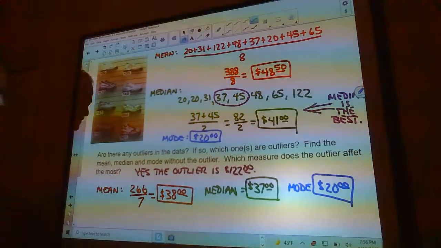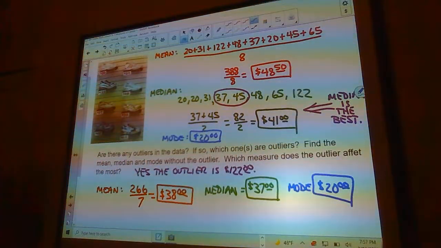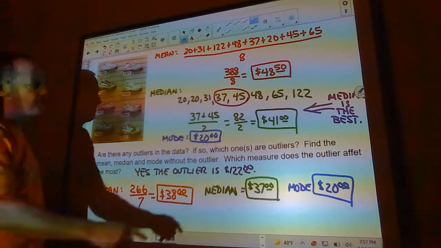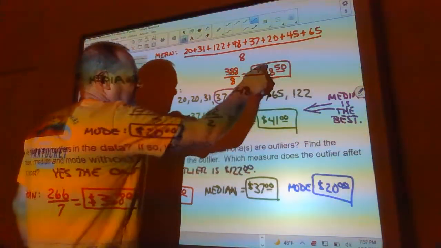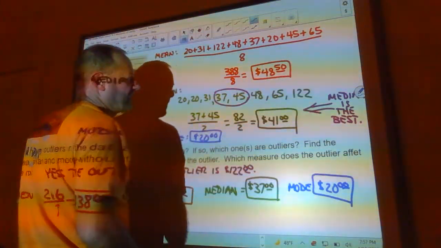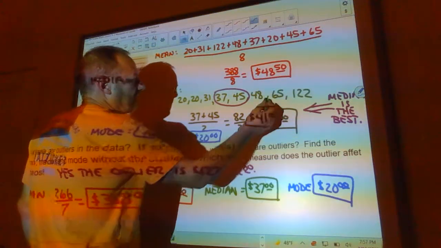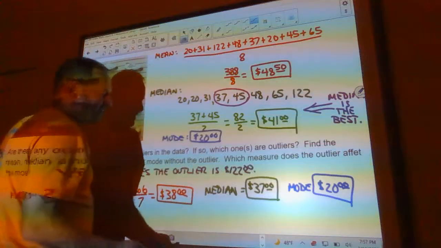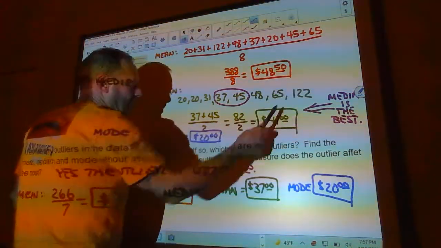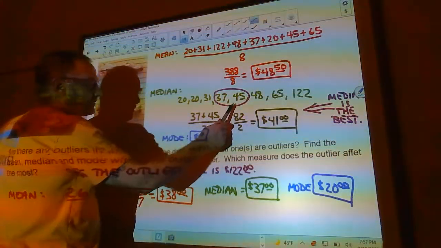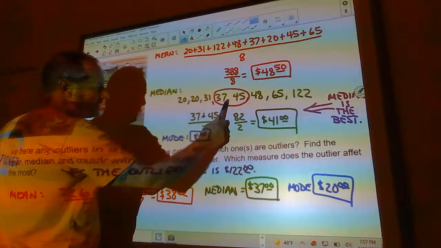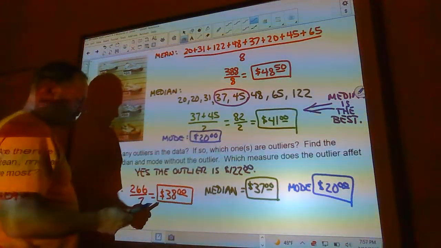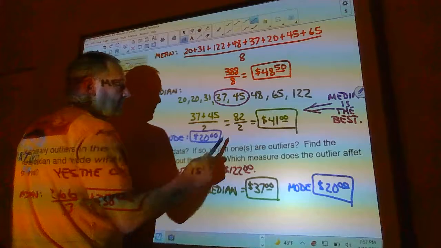Okay, so now look what this does. There's a pretty big spread here between these two. $7.50. I mean, the mean up here is like right here. Now, when I take this one out, the median just moves from here to here, not very far, and the mean moves quite a bit.